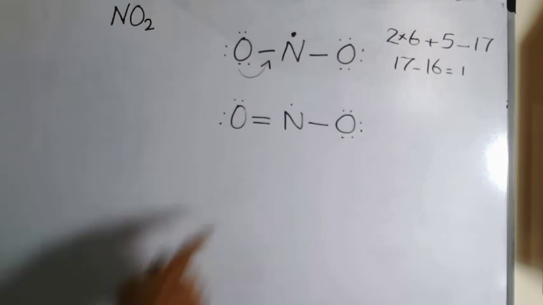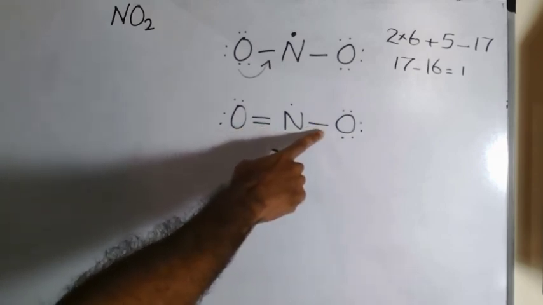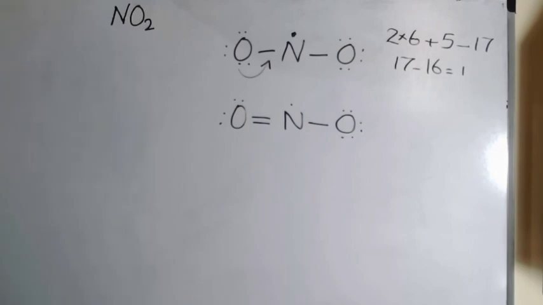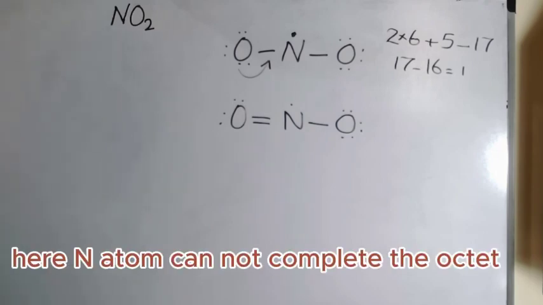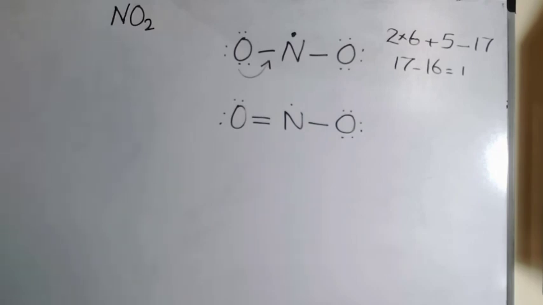Now 4 electrons, 2 electrons, and 1 electron, so 7 electrons. But we cannot take another 2 electrons because then it will exceed 8 electrons on nitrogen. Nitrogen cannot keep more than 8 electrons because that would violate the octet rule. So we have to stop from here.